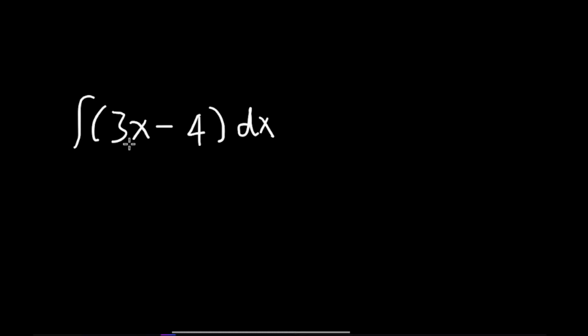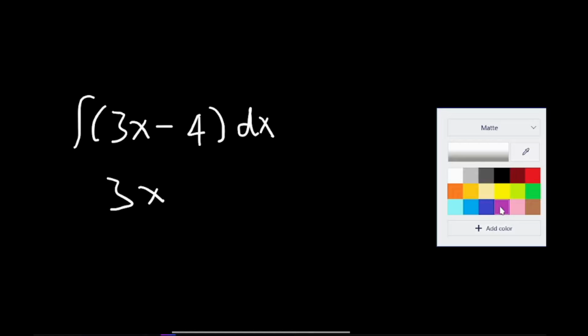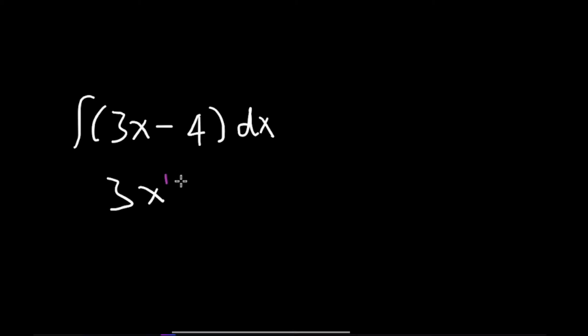What we are simply going to do is say 3x, and remember I always said plus, because this is 3x to the power 1, so this is going to be 1 plus 1 over 1 plus 1.